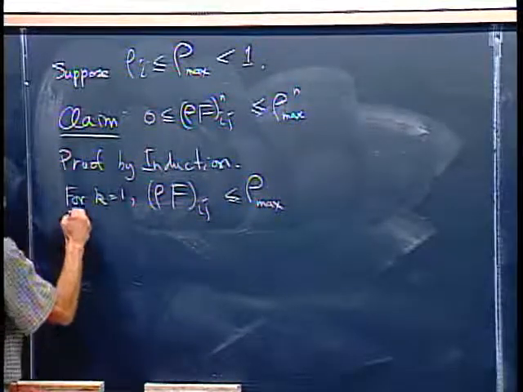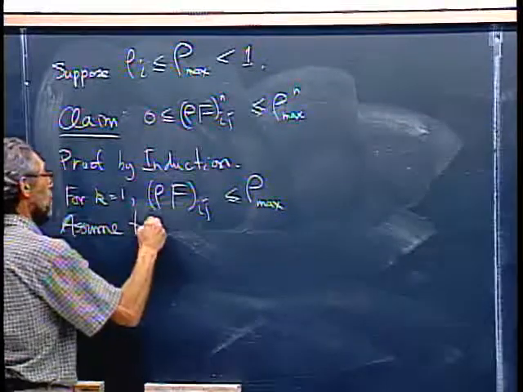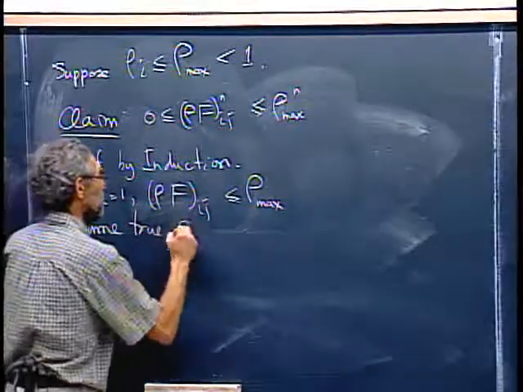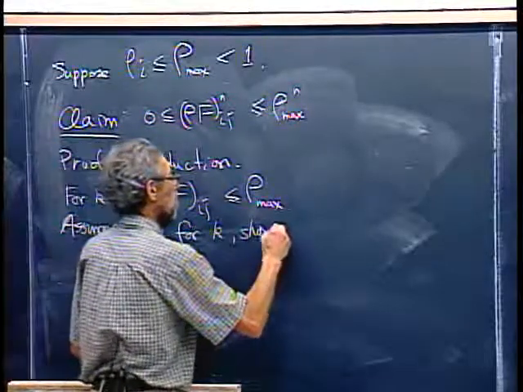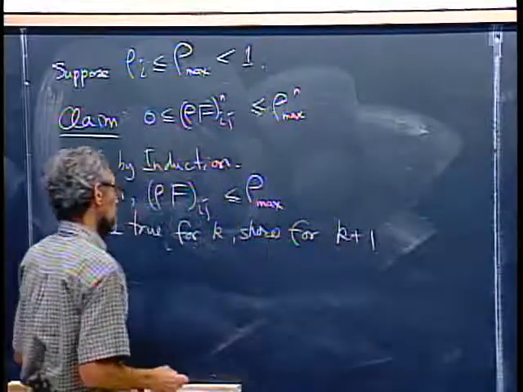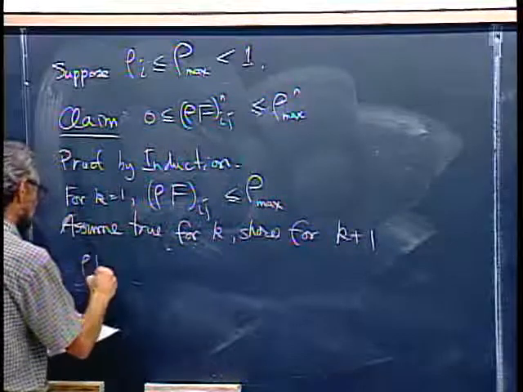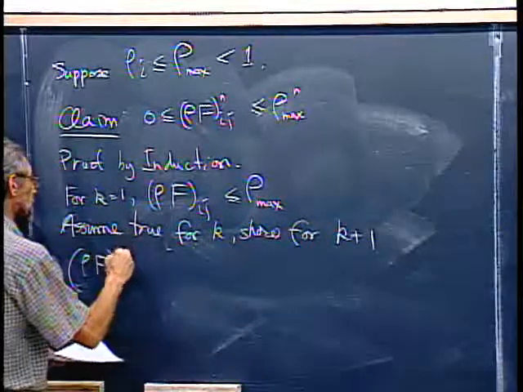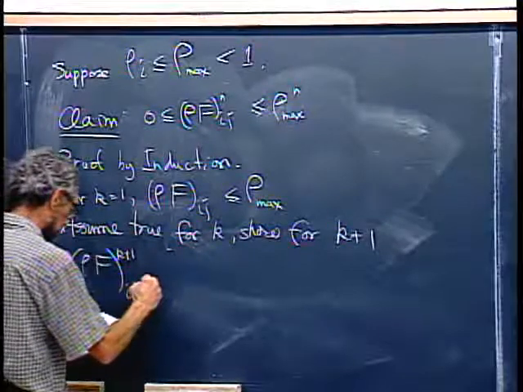And then assume true for k, show for k plus 1. So what I need to look at is (rho F) to the k plus 1 power, the ijth entry of that.